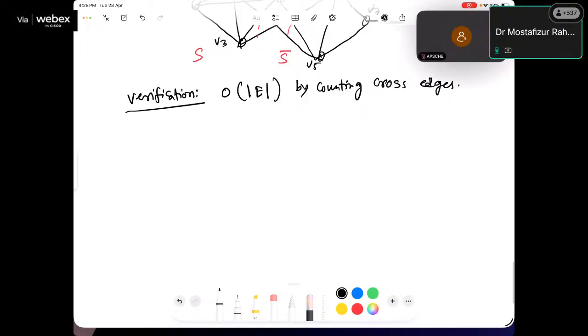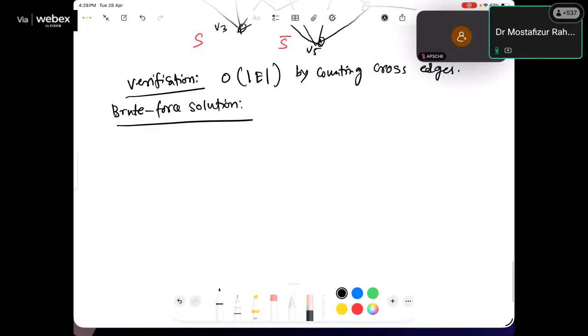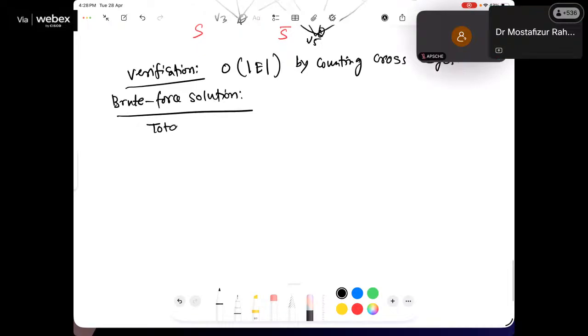If we solve this graph problem, the max cut, even if you consider a bipartite graph, the brute force solution, if you just solve this problem using the brute force technique, the total number of partitions is 2 to the power V, where V is the number of vertices. And in each partition, we check every edge which crosses the cut.